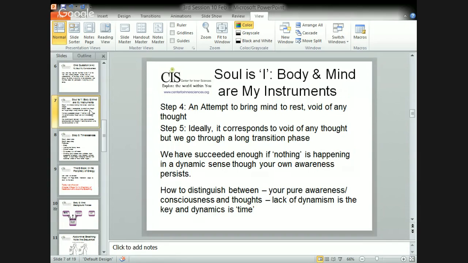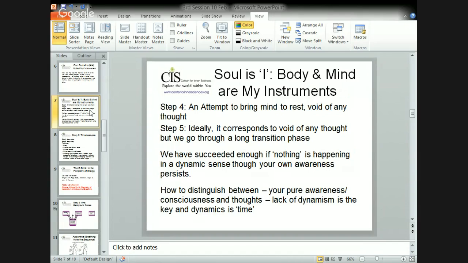Of course, the soul is I, that is the pure inherent consciousness, which is never changing, which is the owner of the instruments of body and mind. But in this life, in so many years, that whole equation has gone upside down, that my instrument of my mind, I seem to lack my authority over it.